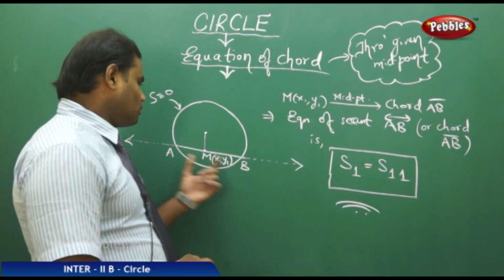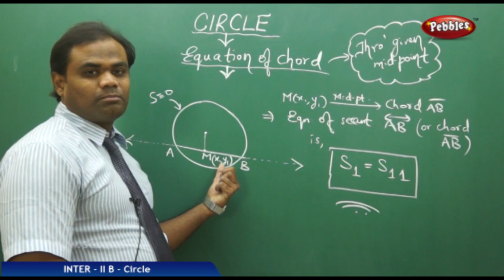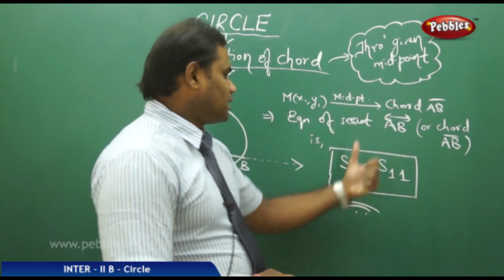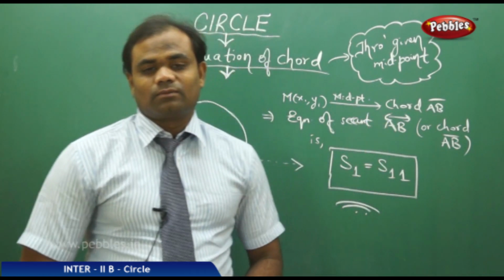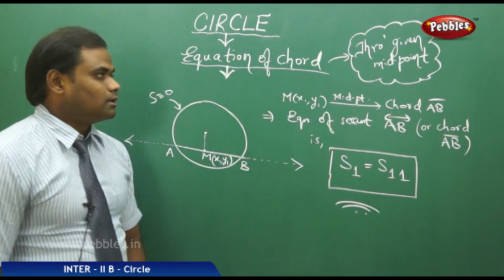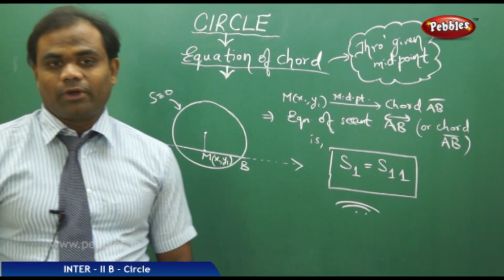So equation of chord or the secant with respect to the midpoint (x1, y1) is S1 equals S11, is how we understand the equation of chord through the middle point.